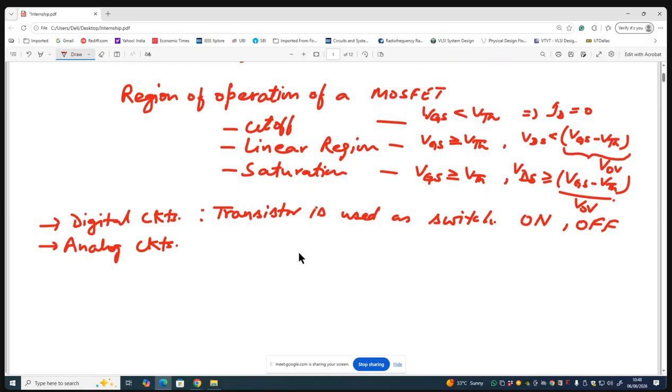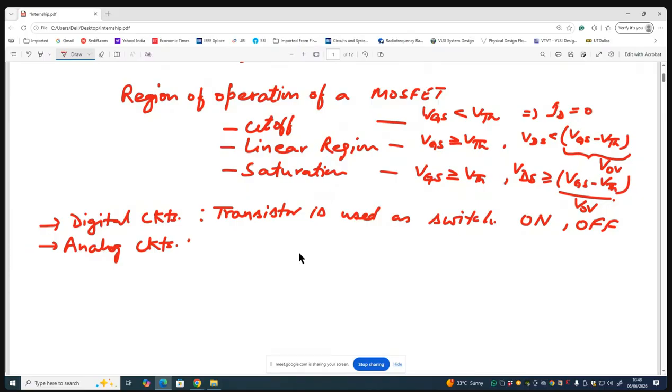In fact, when the transistor is off, it is in cutoff region, and when it goes from off to on, it starts in, say, saturation region and then ends in linear region. But primarily in digital circuits, the transistor is used as a switch, and when we discuss its operation we simply say that the transistor is on or the transistor is off.